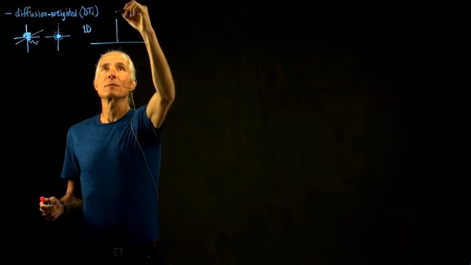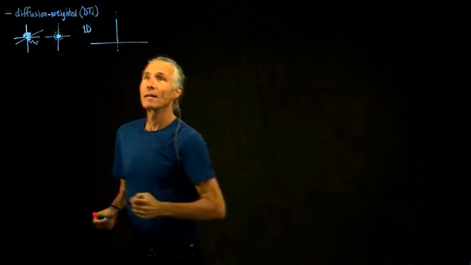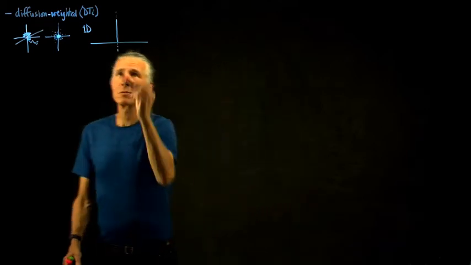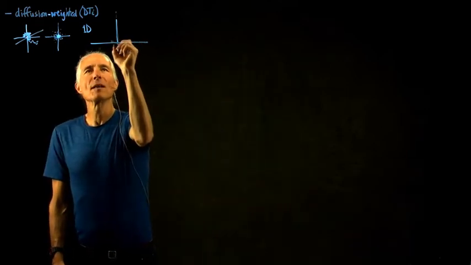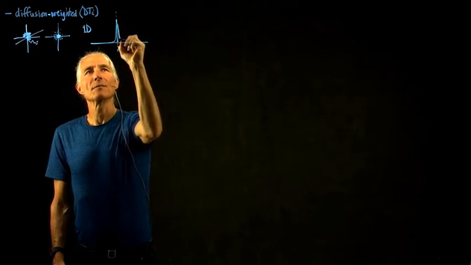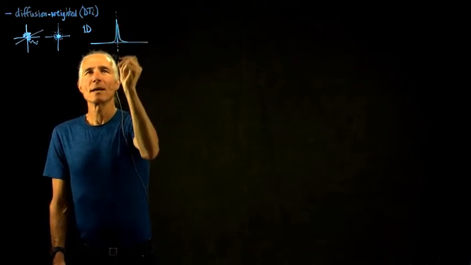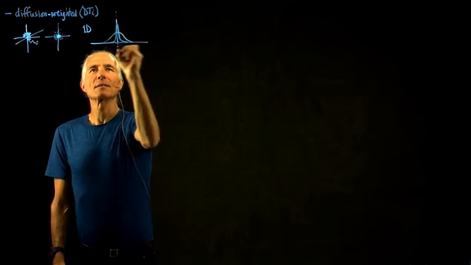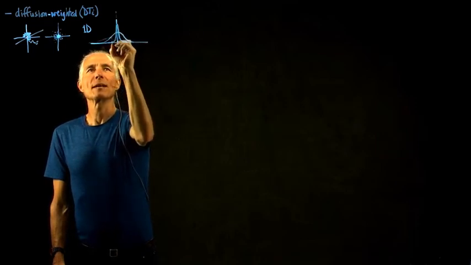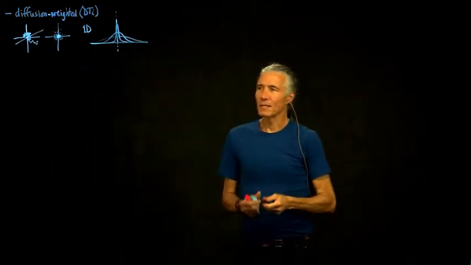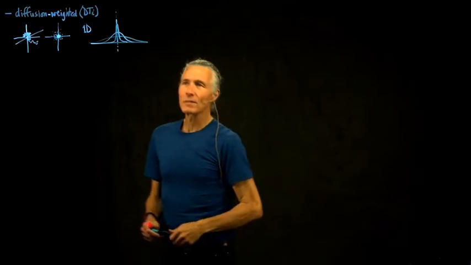So pretty much everybody's right at the middle. And then what happens, the longer you diffuse, so if you diffuse for a small amount of time, you'll end up with kind of a little spiky Gaussian. And then over time, the Gaussian will get less tall and more spread out like that over time.